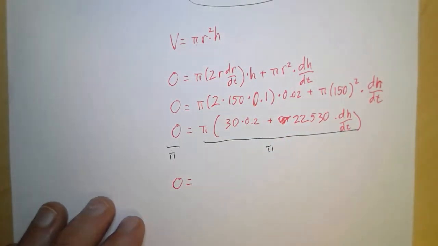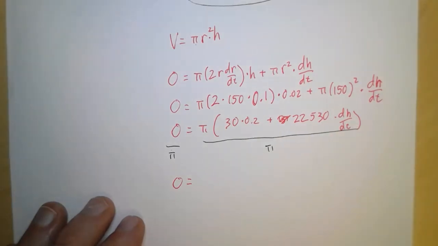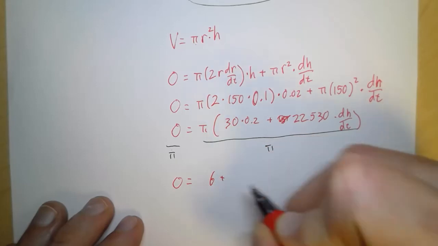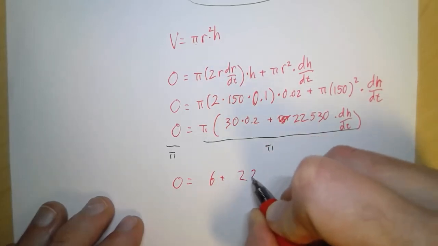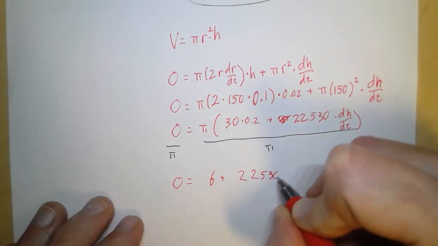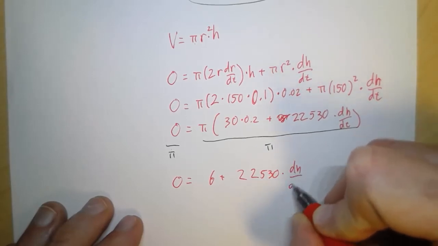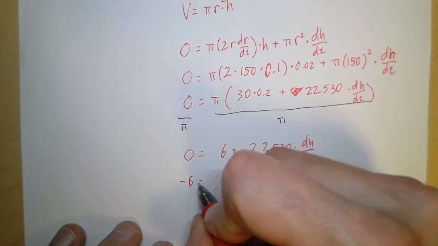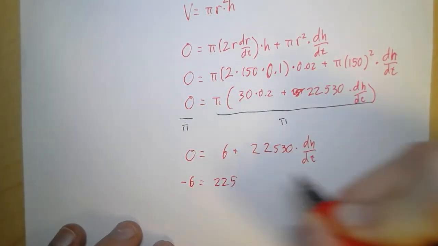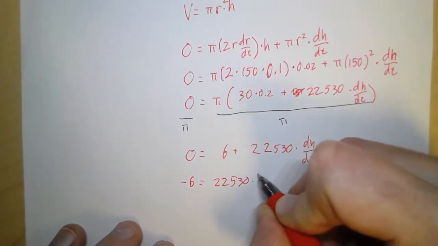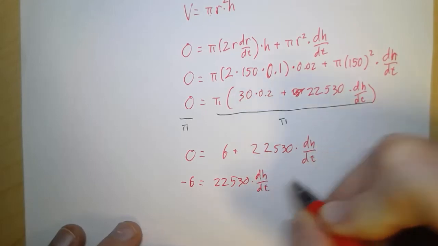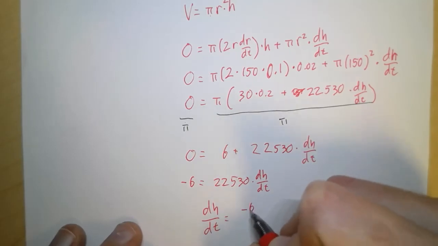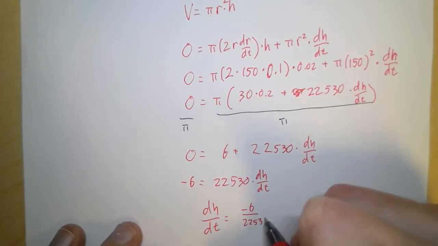So let's remember 30 times 0.02, that should be 0.6, plus 22,500 times dh dt. So all we have to do is subtract the 0.6 and then divide by 22,500 to get the dh dt by itself. So our change in height is negative 0.6 over 22,500.